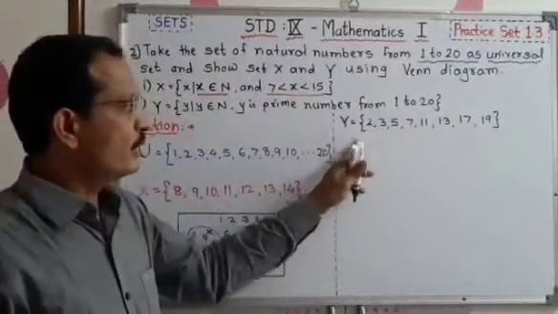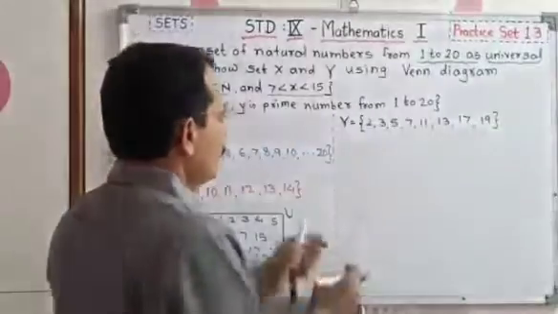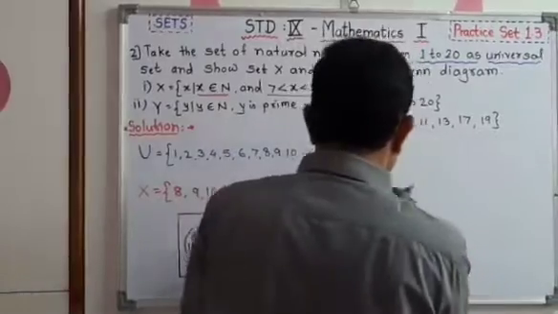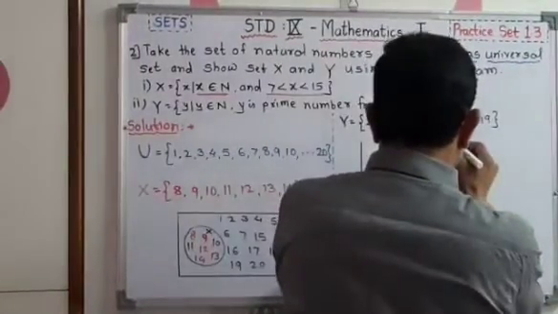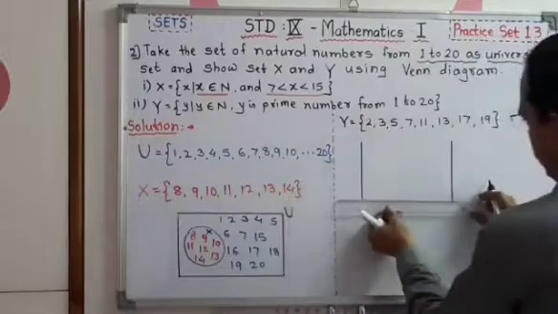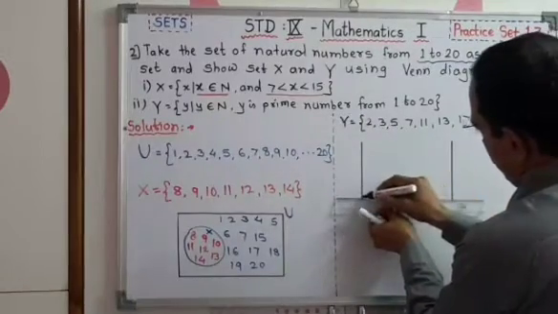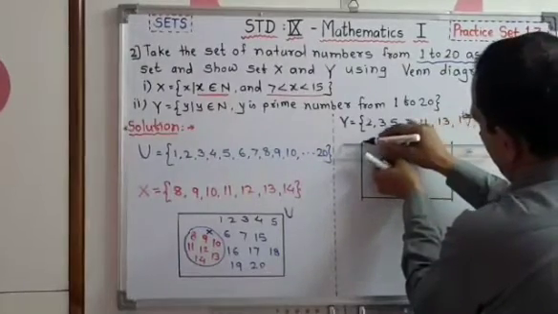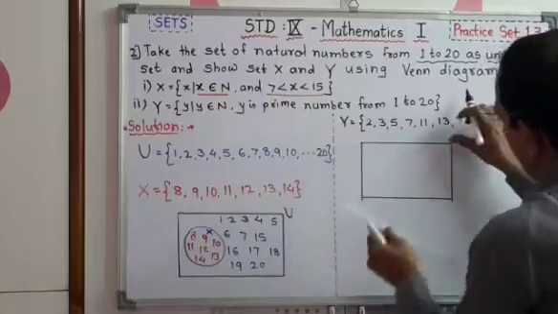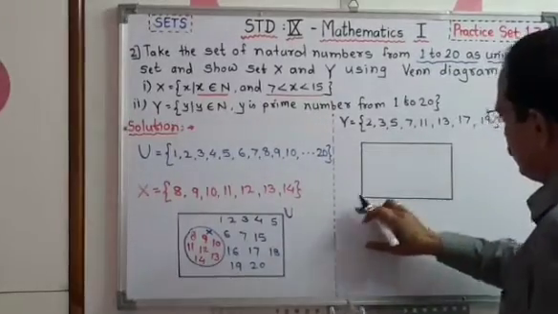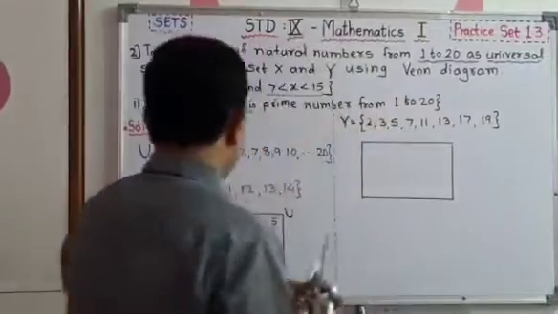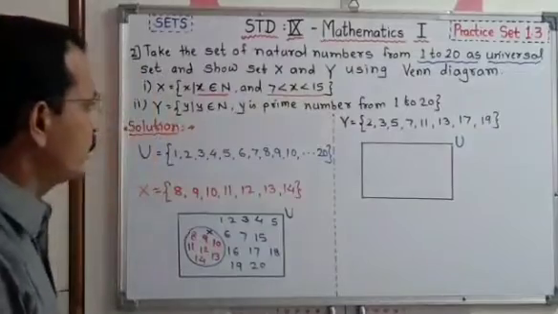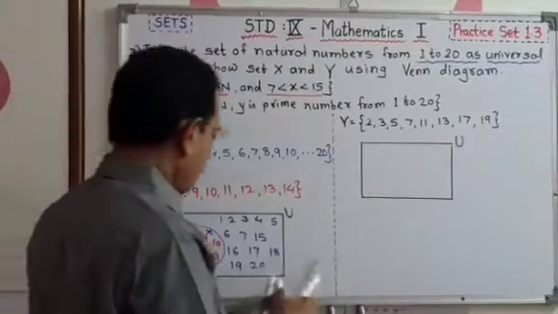Now for this set Y, we have to draw the Venn diagram. First of all, we have to draw the universal set as we drew previously. This is our universal set, which we represent by the letter U. Then draw any closed figure.